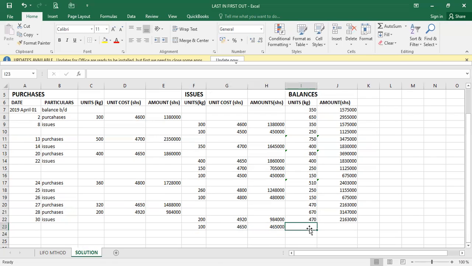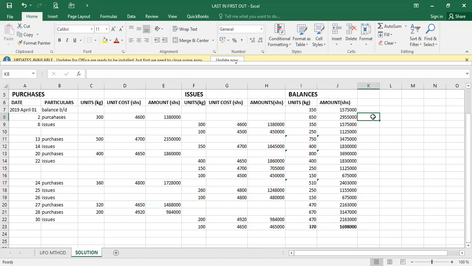Then we can reduce the stock here by saying closing stock this minus these 100 units. We shall be getting that to be closing stock this minus this. Then it means this one is going to be our closing value. This is our closing stock.